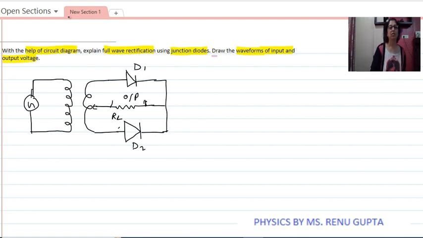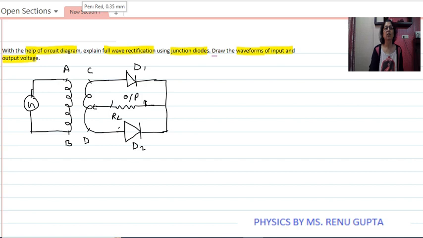Now I consider this as point A, this point as B, this point as C and this point as D. Now first of all, what is a rectifier? A rectifier is a device which is used to convert AC into DC.